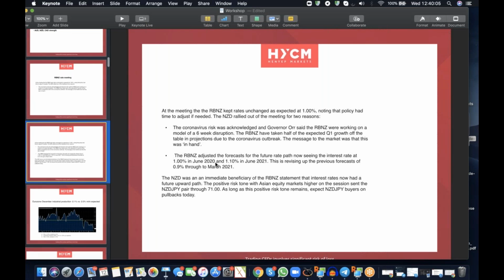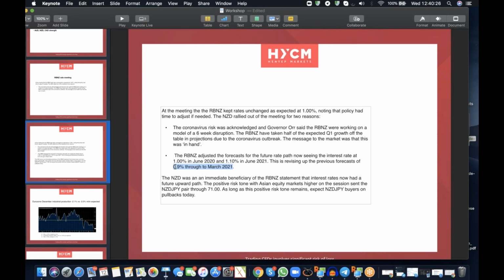Then, what really increased the New Zealand dollar was that they said, we are changing our forecast for the future rate path. Prior to this decision, they saw interest rates being at 0.9% through to March 21.